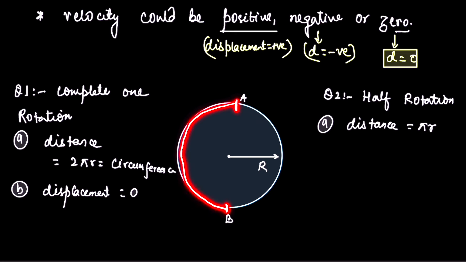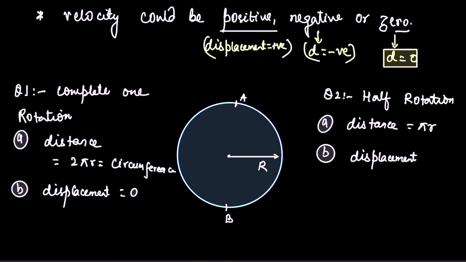So that's why it is pi r. And displacement is how much? Displacement will be equal to 2r. Why it is 2r? Because displacement is always the shortest path or the path between initial and final position, which is a straight line. So here it is equal to 2r.